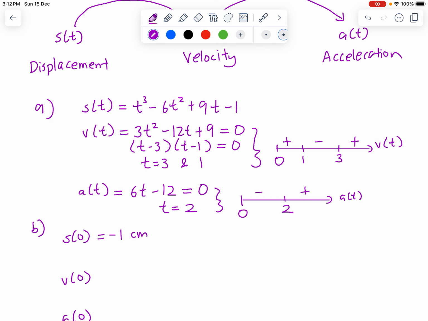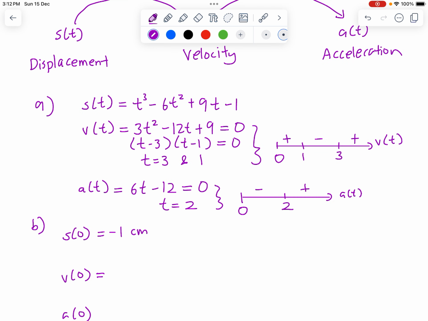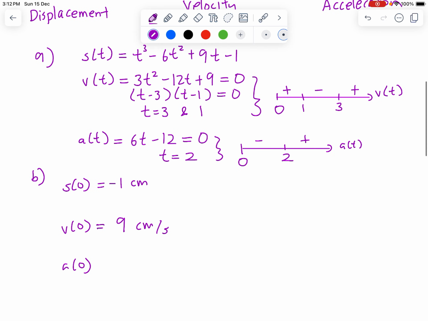And remember to always have your units, just to be clear. For velocity, when t equals 0, that is 9, in cm per second. For acceleration, when t equals 0, that's negative 12 cm per, you guessed it right, second squared.